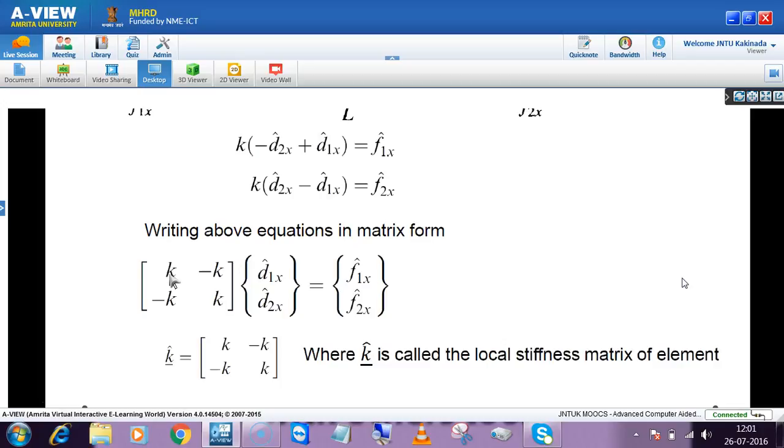Now if you write it in matrix form, again we get the stiffness matrix into the displacements equals the forces. This is how we can derive the stiffness matrix using the minimum potential energy principle.